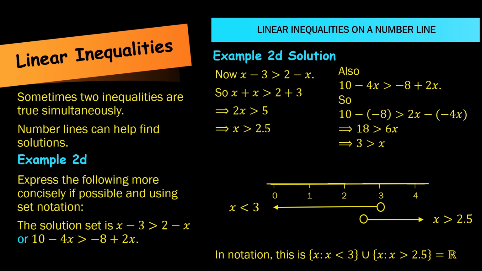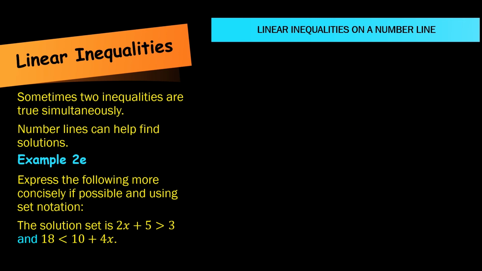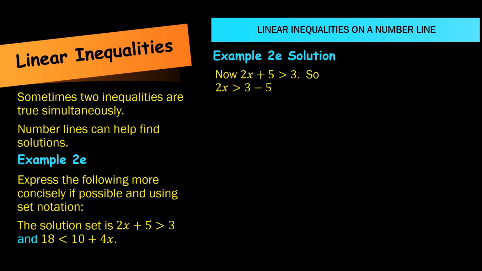And finally, for example 2e, we're required to find the solution set for two inequalities again. So again, let's tidy up the inequalities. The first one becomes 2x is greater than 3 minus 5. We've rearranged so that all the constants are on one side and the x's on the other.